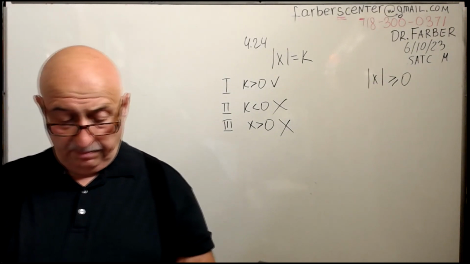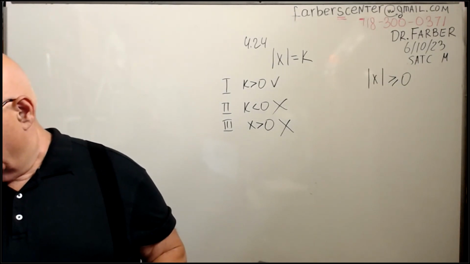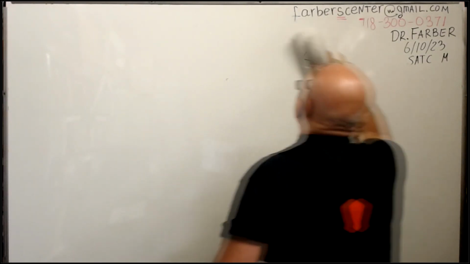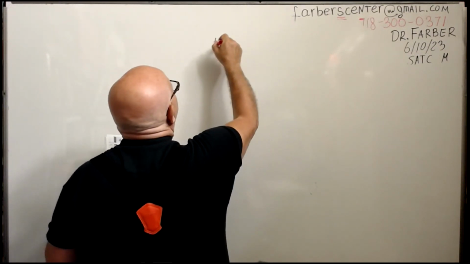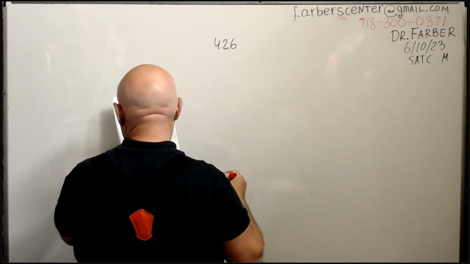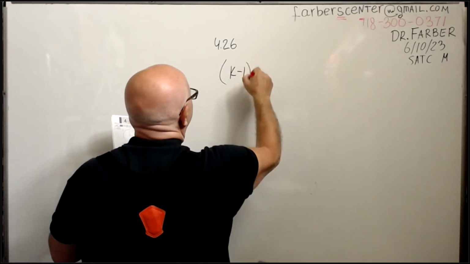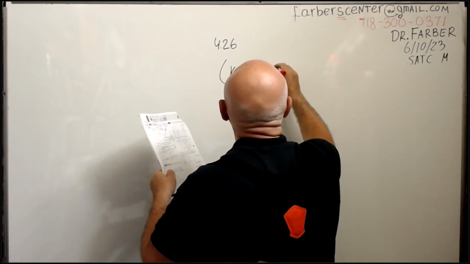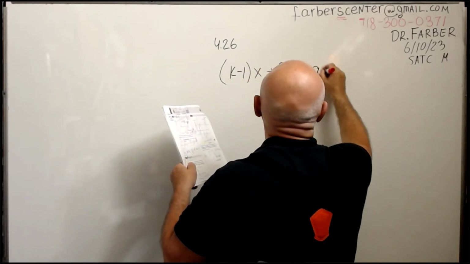Two students ask me about 426. What do we have on 426? (k minus 1) times x plus 3k equals ax plus 24.